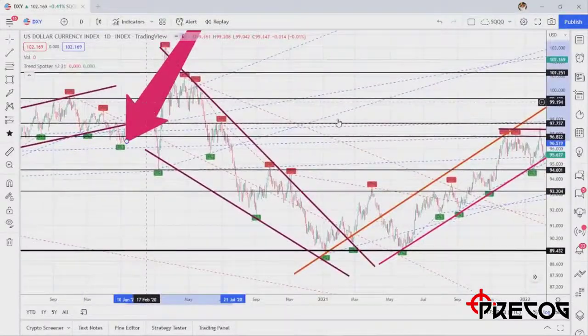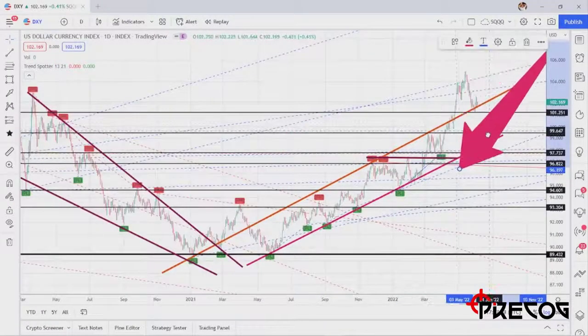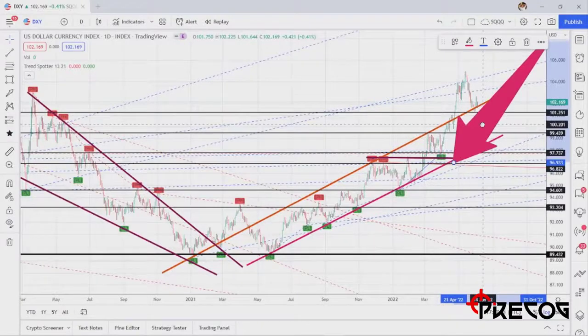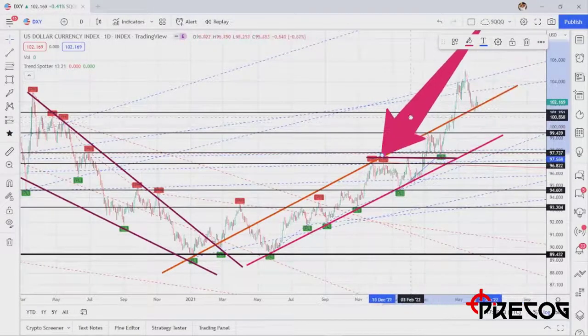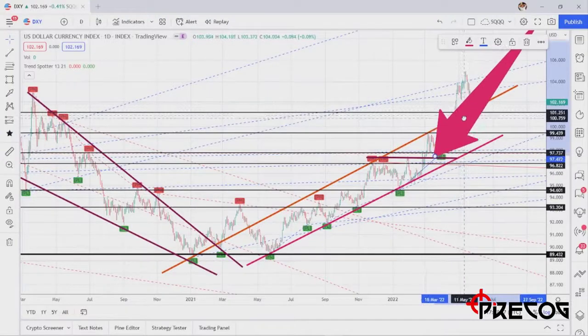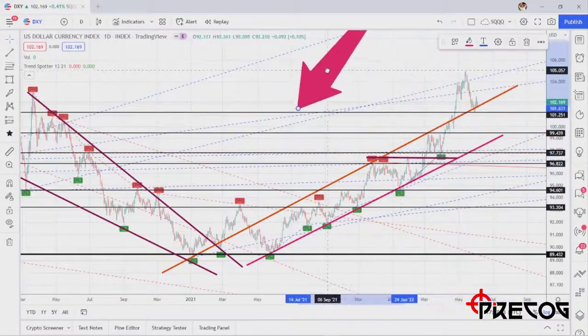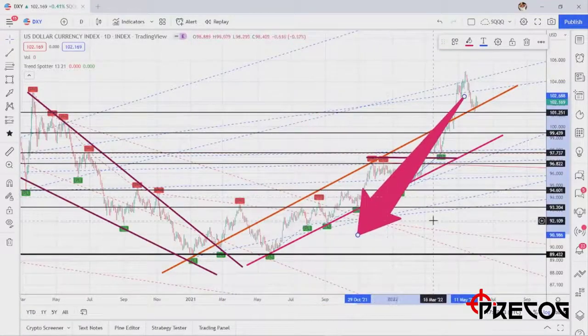So these are things you want to use in combination with your price action analysis, but they can help you establish whether price is going to actually reverse off of those pivot points based off of previous price action, momentum and direction of movement. I freaking love Trend Spotter by Precog, another incredible tool.